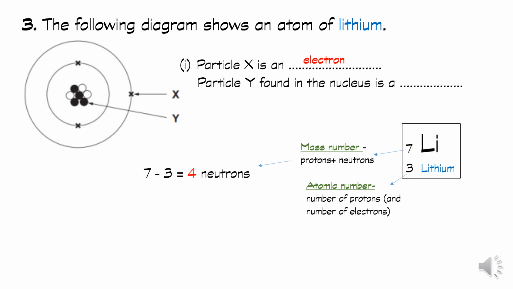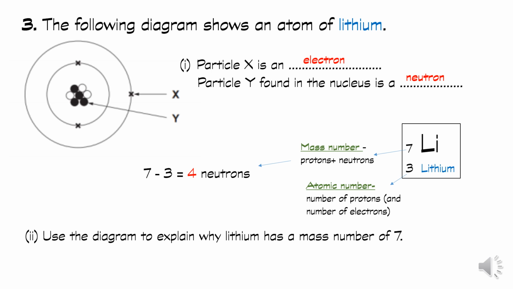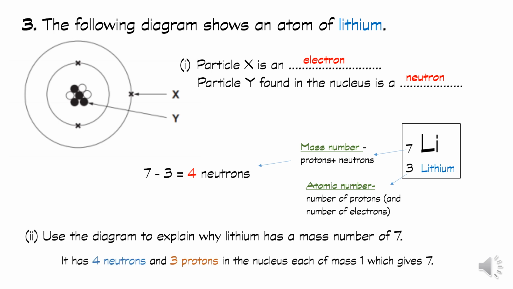Black dots represent the neutrons, and Y is pointing at the black dot, which means our particle Y must be a neutron. The second part of this question says use the diagram to explain why lithium has a mass number of 7. Looking at the diagram, as we said, it has 4 neutrons and 3 protons, and they all have a mass of 1, which gives us 7.